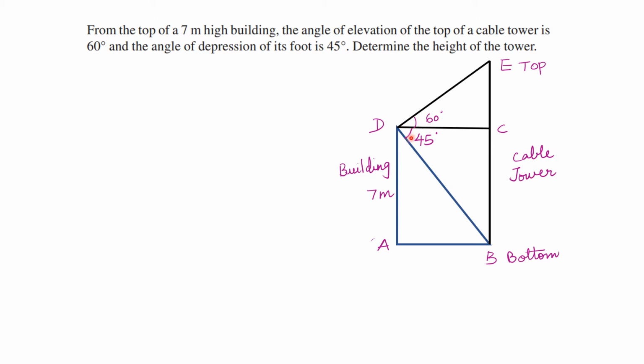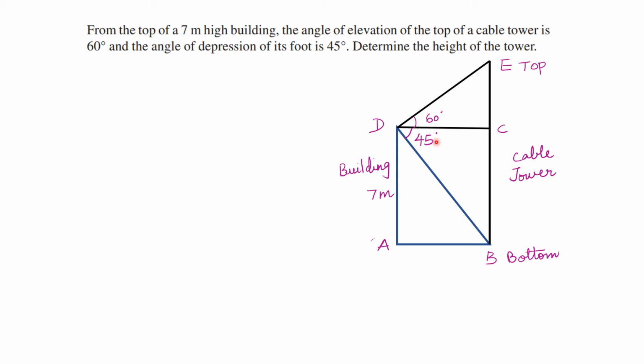From there, it is making 45 degrees to watch the foot of the tower. Then from the top of the building, again they are watching the top of the tower by making an angle of 60 degrees elevation, right? Elevation means upside, depression means downside.